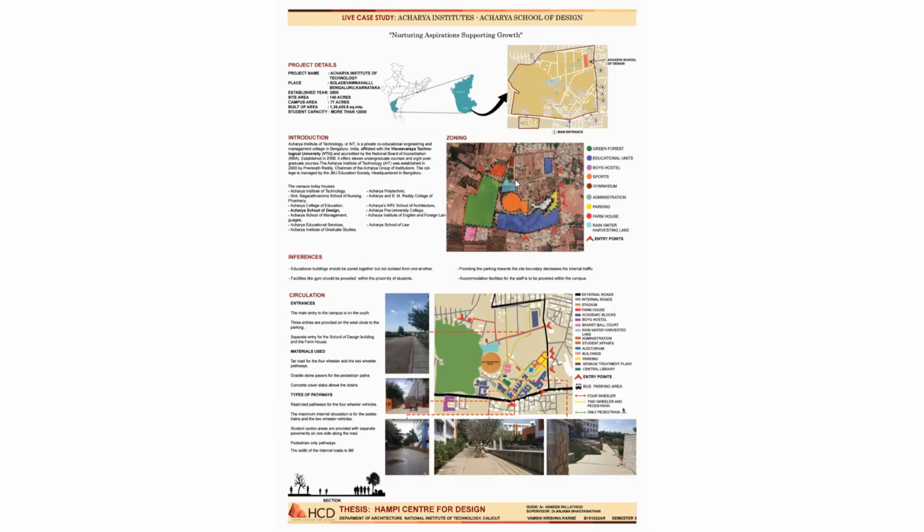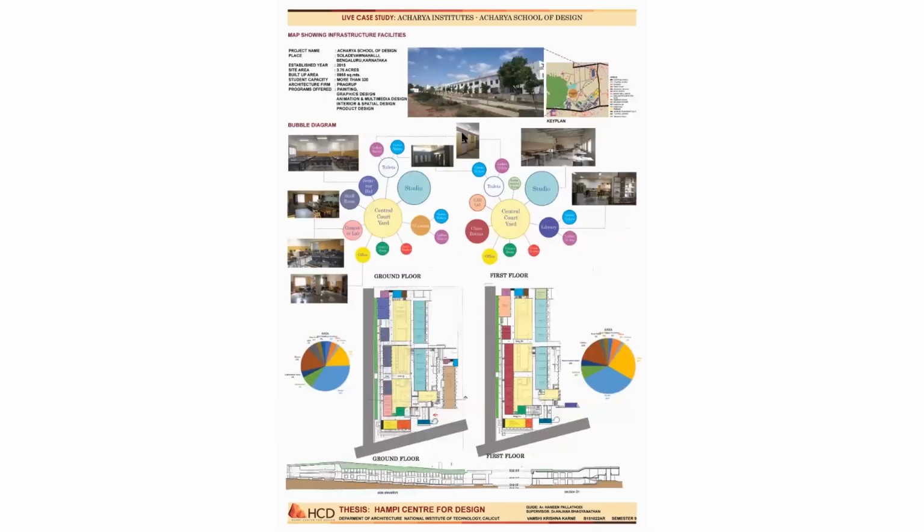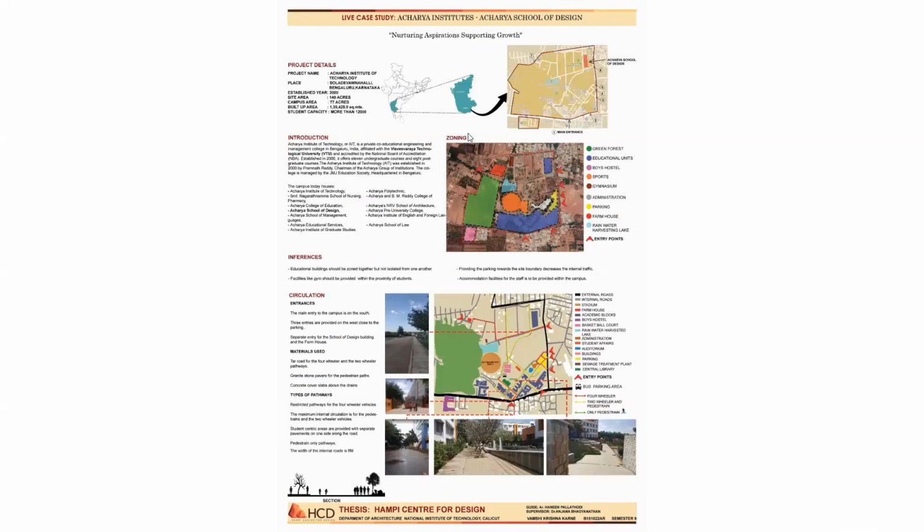I have chosen this campus, although as I said before, its area is not very close to that of NID Ahmedabad. It is a very big campus, but I chose it to understand the circulation patterns and how the different blocks are used: the sports complex, academic buildings, OAT areas, and services provided like STP, farmhouse, etc.